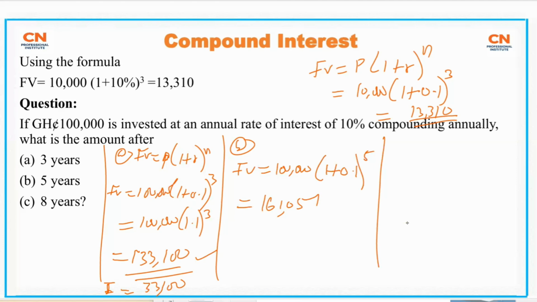This is the amount that we are going to get after 5 years.